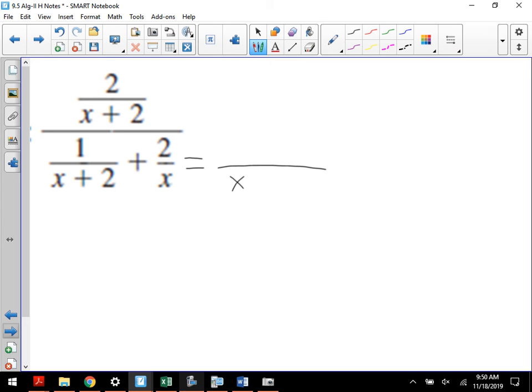X times the x plus 2. That bottom fraction, the one on the left, has an x plus 2. What does it need? X. The fraction on the right has the x. What does it need?